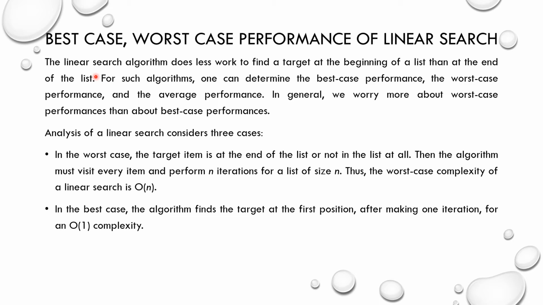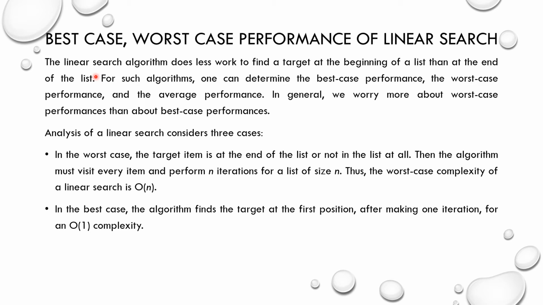That is, if there are 1000 elements and the element is present at the last, then it will perform the whole search. The maximum time will be taken while searching for the element present at the last, or in case the element is not present in the given list, because starting from the first index, it continues till the last index value where the element may or may not be present.